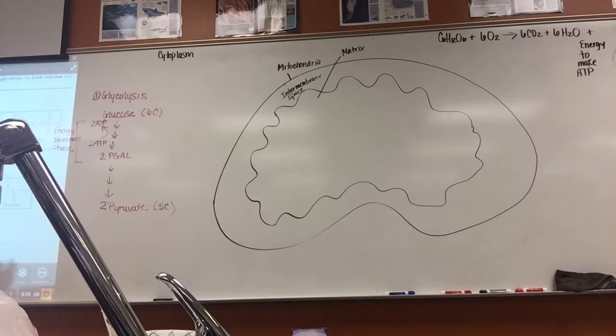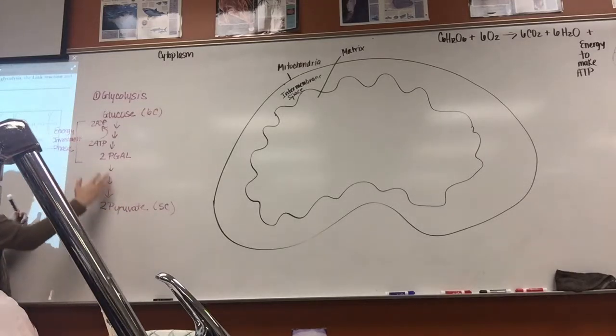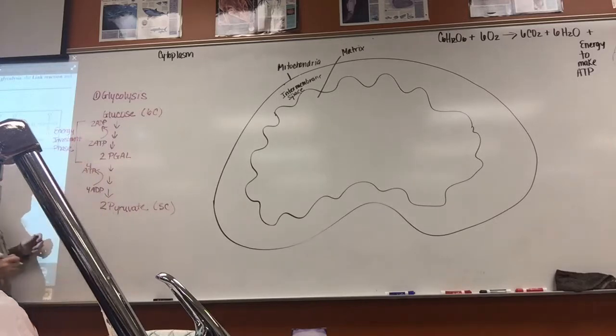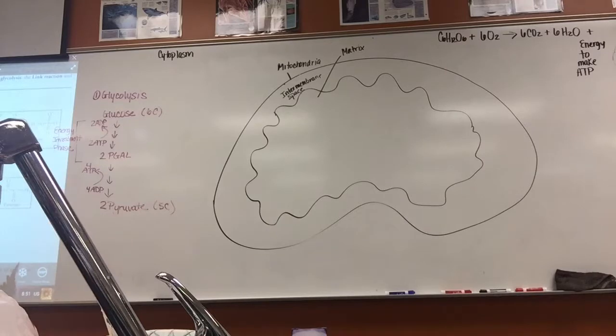And so I'm going to just draw in general here, so it doesn't matter what phase here. What we need to know is that 4 ADPs become 4 ATPs. So we're making ATP in this, and because we're making more than we put in, we call this the energy, starts with a P, payoff, right?